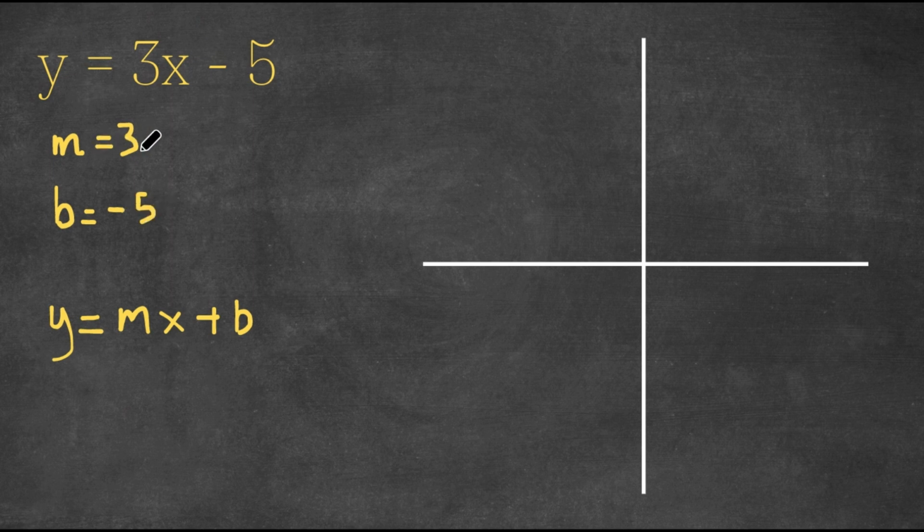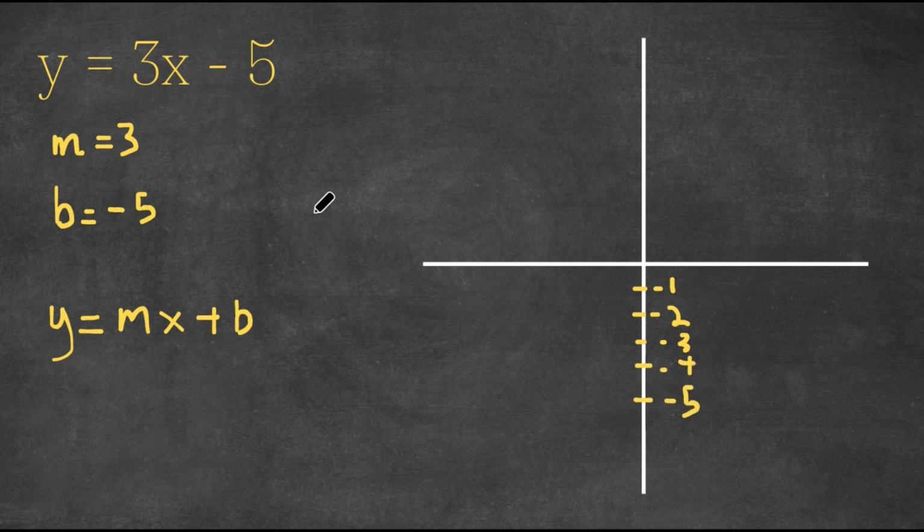So now that we have our slope and y-intercept, we're first going to start with our y-intercept, negative 5. So I have negative 1, negative 2, negative 3, negative 4, and negative 5.